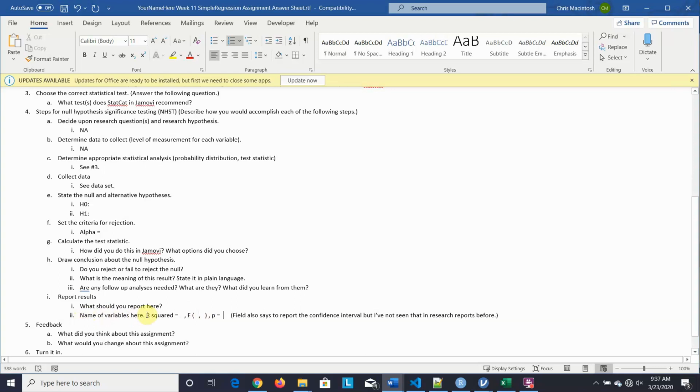And you would want to label that, and then you would want to add another line for each of your variables.